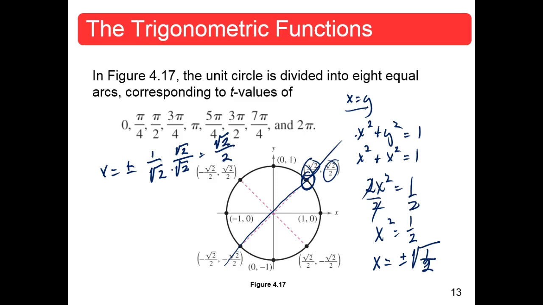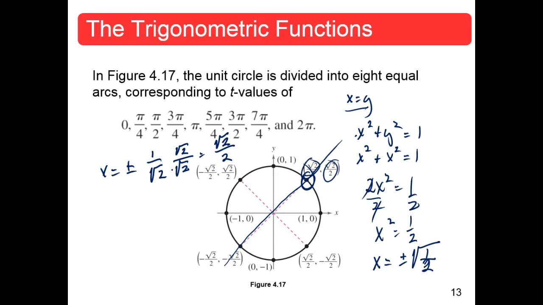All right. Now, you could have done the same thing where y is equal to negative x, or x equals negative y. That would be a slope of minus 1, and that would be these two, and you'd have the same thing, except one of these would be plus and one minus, and vice versa.